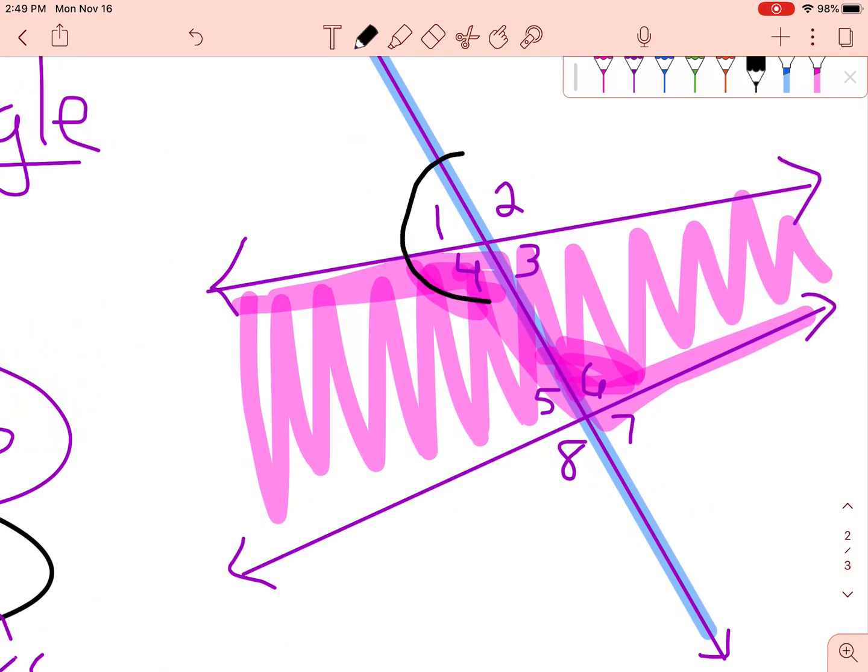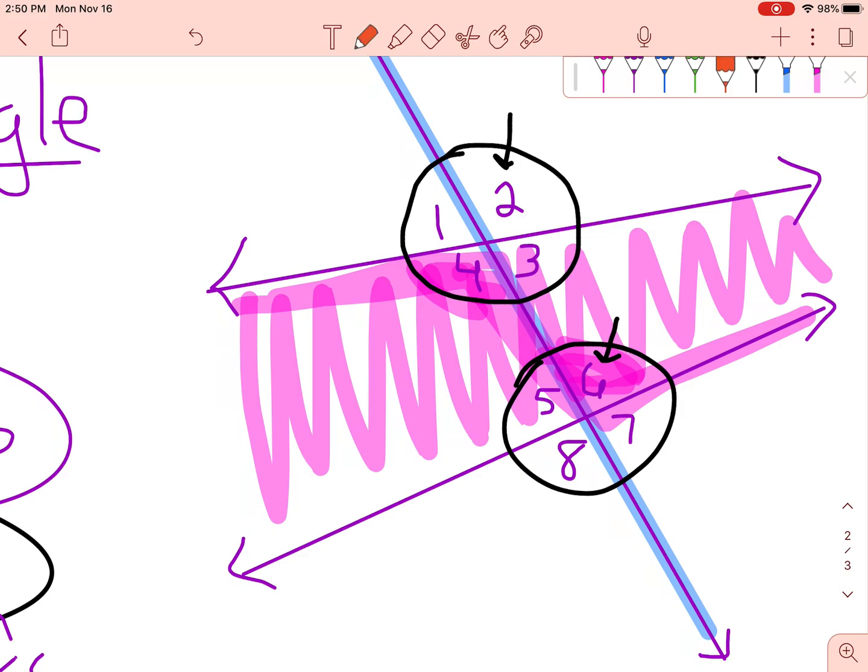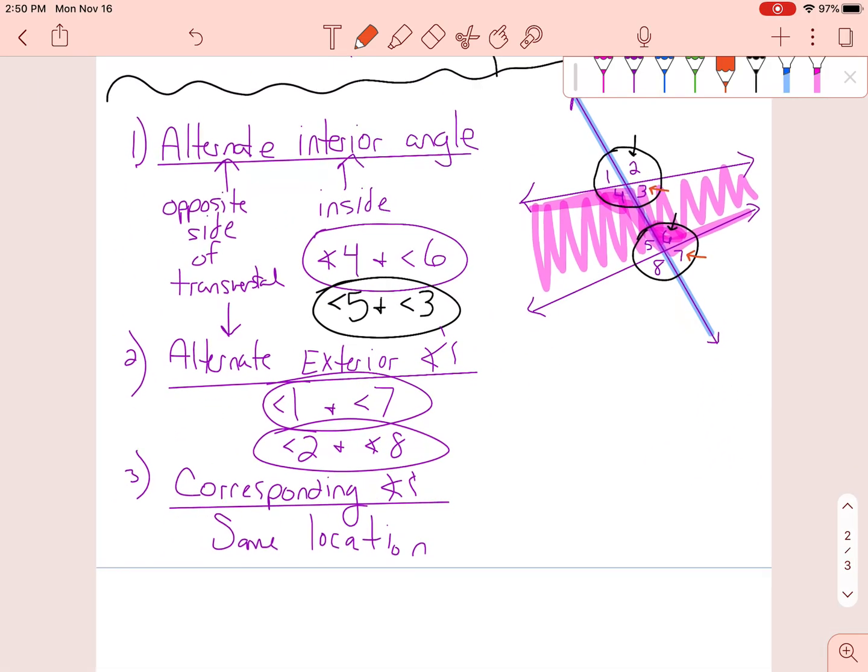If you take a look at these 4 angles and these 4 angles, I would describe 2 as being in the top right of this circle. The angle that is in the top right of this circle is 6. I would describe 3 as being on the bottom right. I would describe 7 as also being on the bottom right.